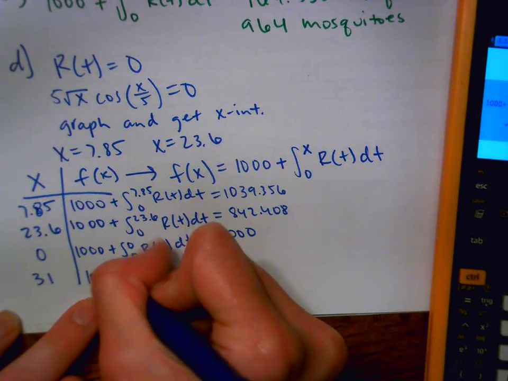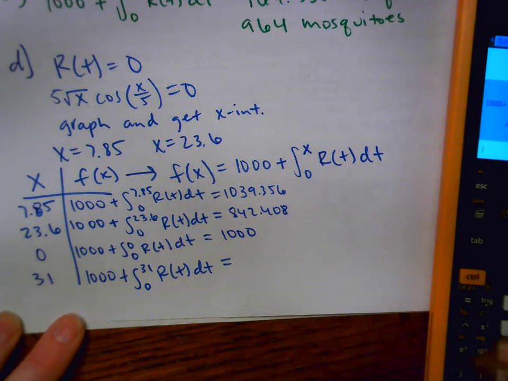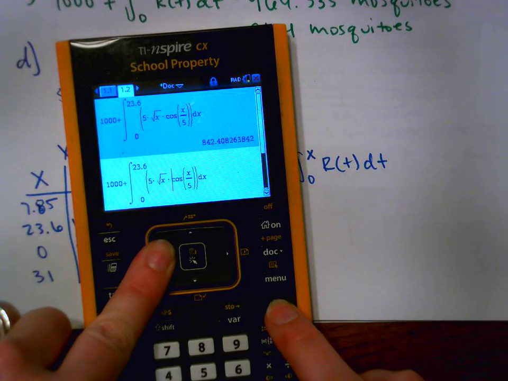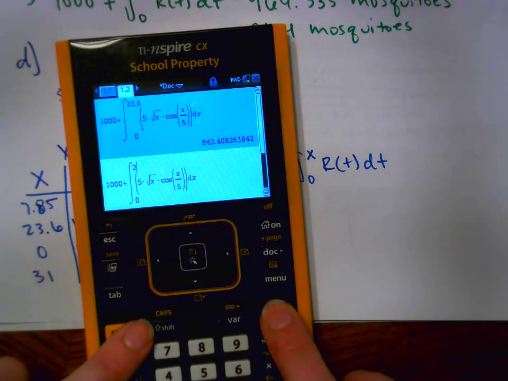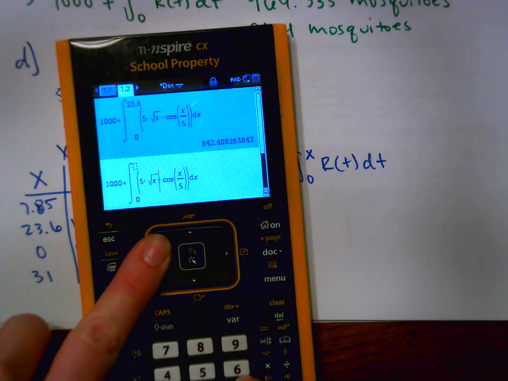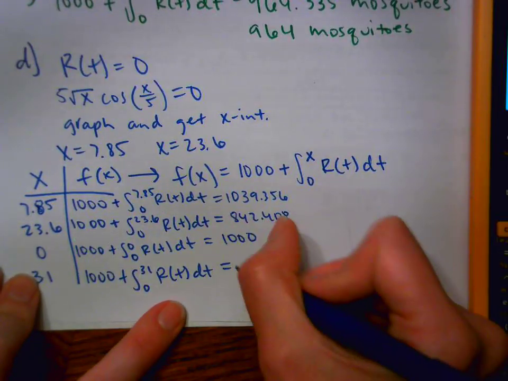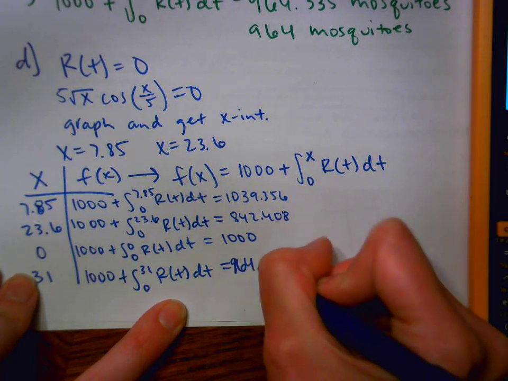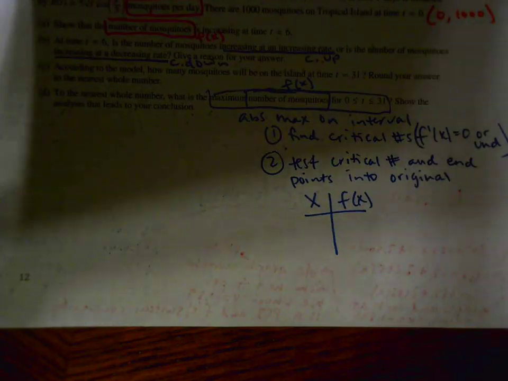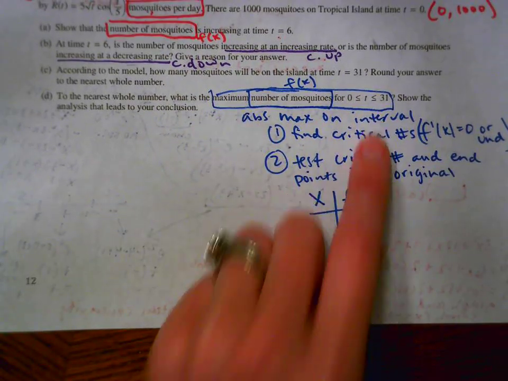And then 31. Change your boundary to 31, and it's 964.335. So what did our question ask for? To the nearest whole number, what is the maximum for the interval?